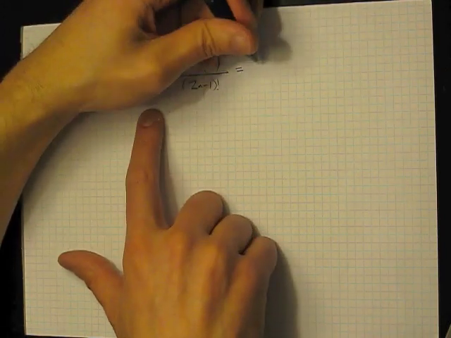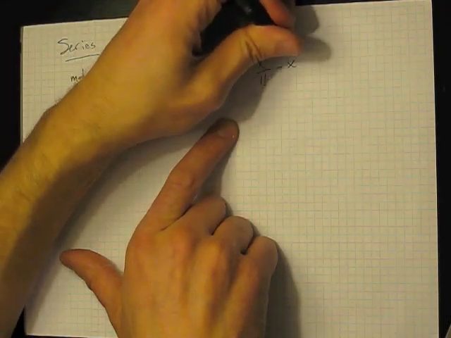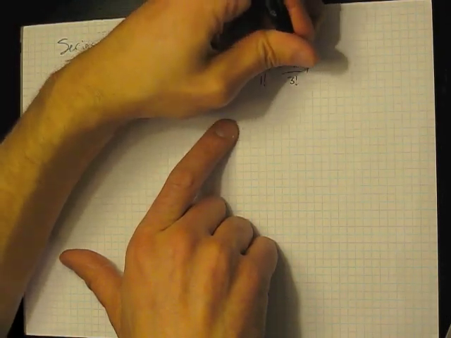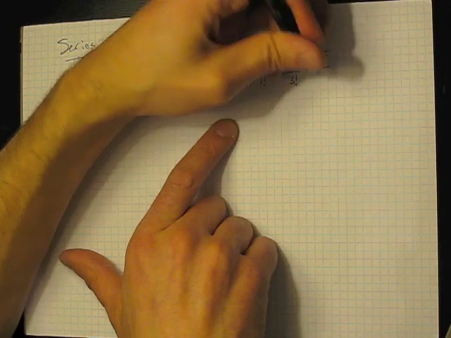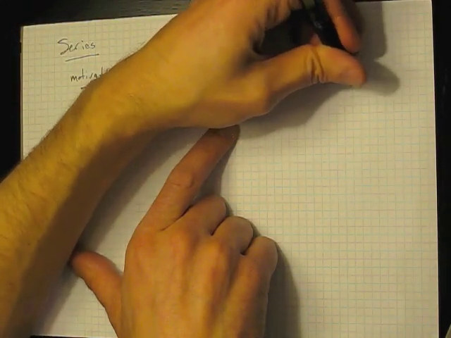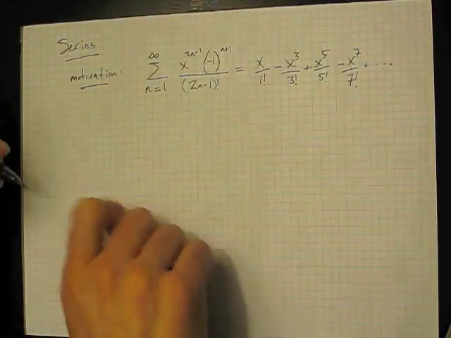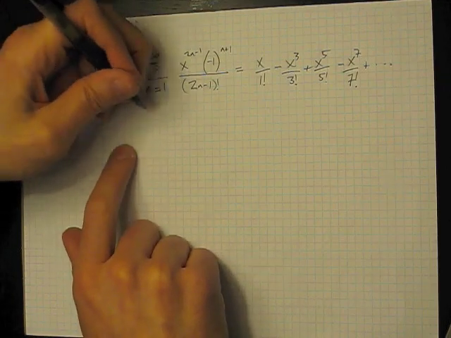This is messy, but this is what it looks like. It looks like x over 1 factorial minus x cubed over 3 factorial plus x to the 5th over 5 factorial minus x to the 7th over 7 factorial plus, and then we just keep adding terms that look like this with odd numbers.